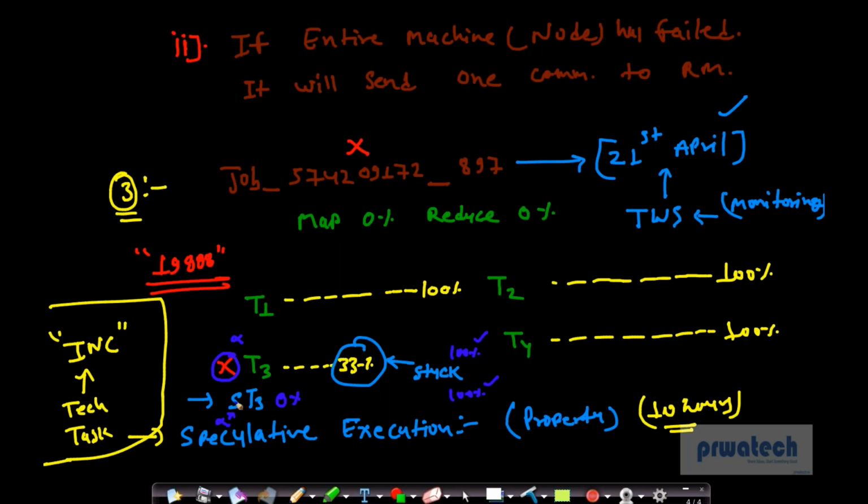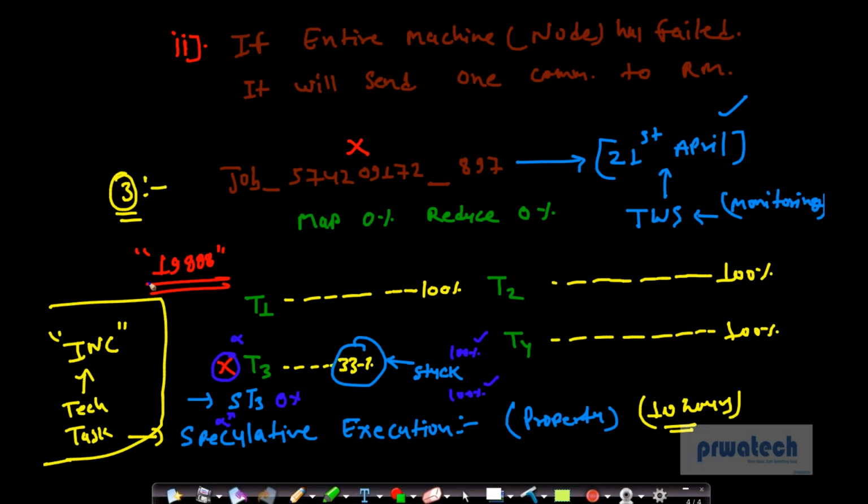Here I can define my number of speculative tasks. I can say if a task is stuck one time, then launch one more, and again one more time. This number of tasks I can define in speculative execution: ST3, ST3 dash, ST3 double dash, how many times this is processing.